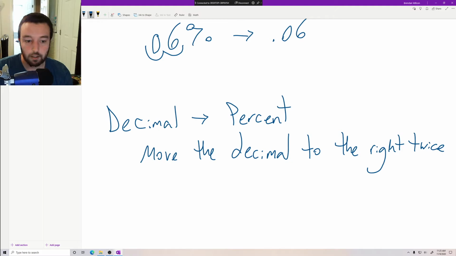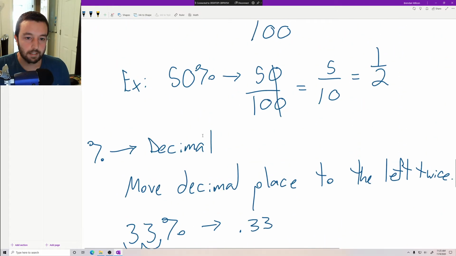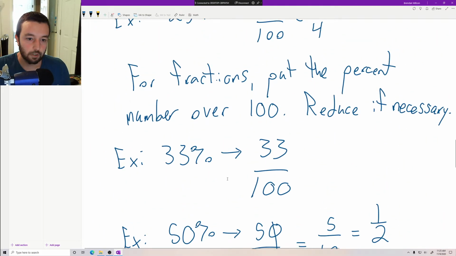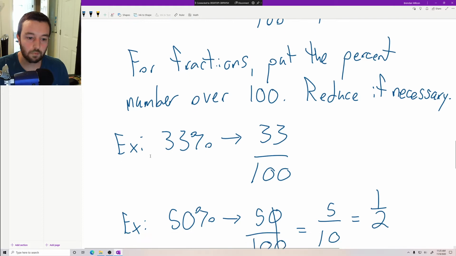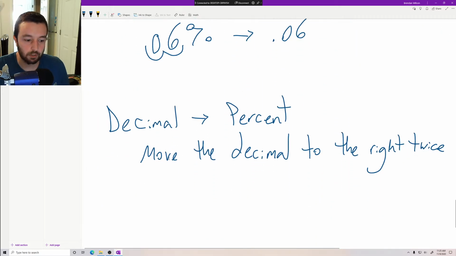Okay. And it's exactly because if you're going from a percent to a decimal, you divide by 100. If you're going the other way, you multiply by 100. Okay. We're going to see that with the fractions. So let's do this first, and then we'll look at the fractions.